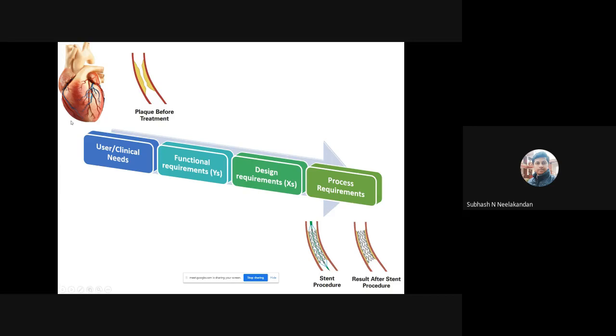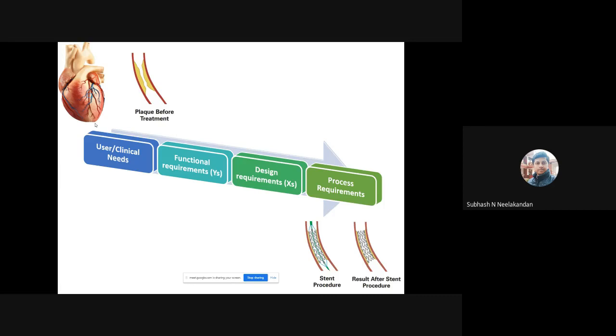Keeping this as an example, I can give a brief bird's eye view of the different stages involved if we are aligning ourselves to the waterfall. So starting with the user needs, the clinical persons or the doctors will say we should be able to easily position the device inside the location.